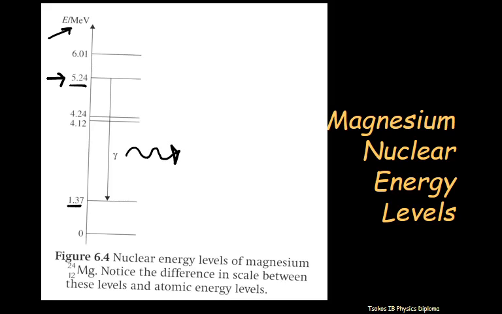Then the next step would be it would go down here and shoot out another gamma ray, in that case 1.37 to 0. This would be a 1.37 mega electron volt photon. For this one here, we would subtract 1.37 from 5.24, and that would be the energy of this photon.